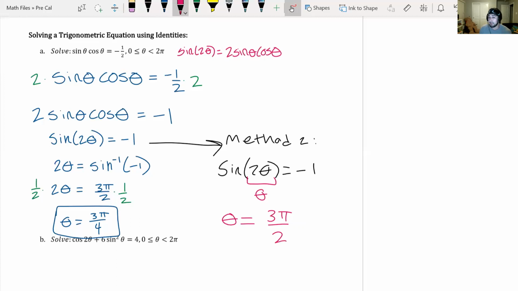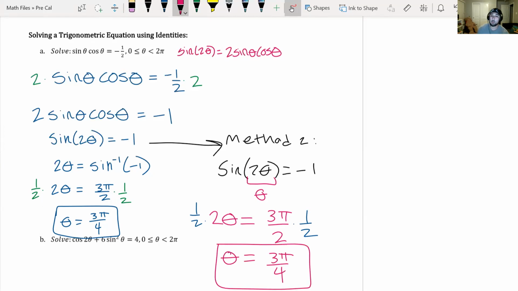But it wasn't theta, it was actually 2 theta. Which means to solve for theta, we would multiply by 1/2 and still get theta equals 3 pi/4.